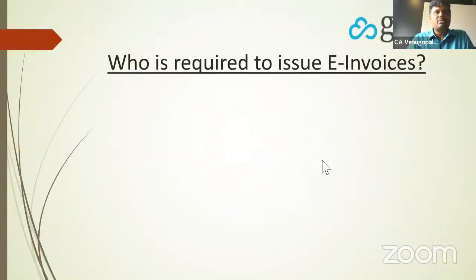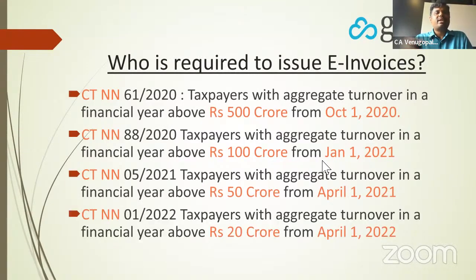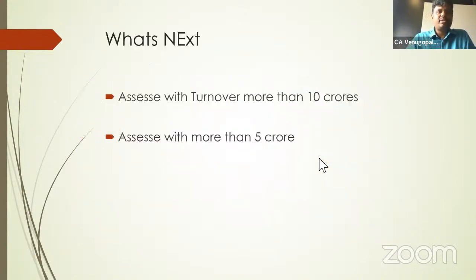Where are the legal provisions? These are the notifications which have been issued for raising e-invoice: Central Tax notification numbers 61, 88, 5/21, 1/22. Recently, the Finance Ministry and the Secretary have made a statement that we should go live with more than 10 crores also, more than 5 crores also.